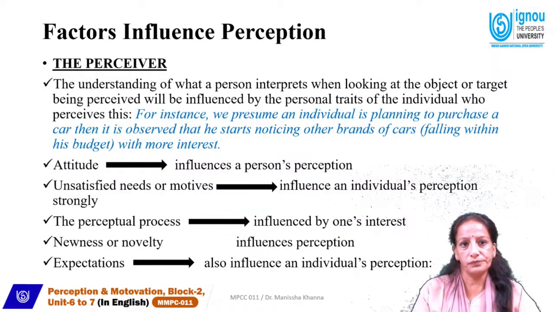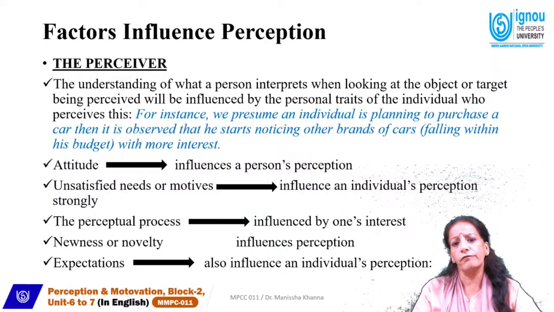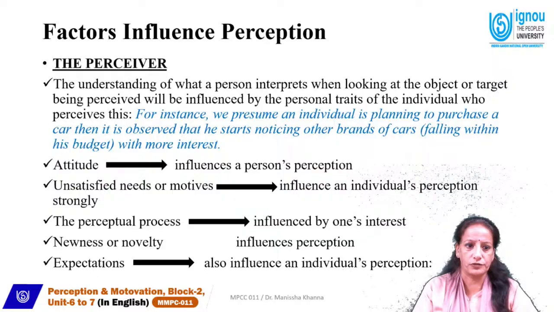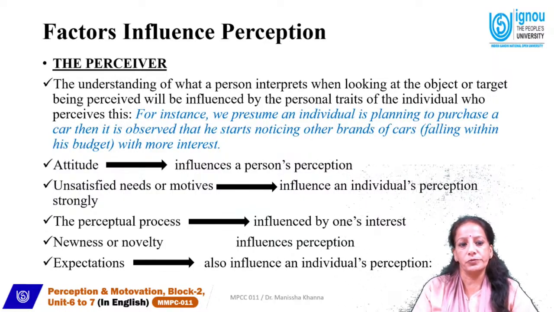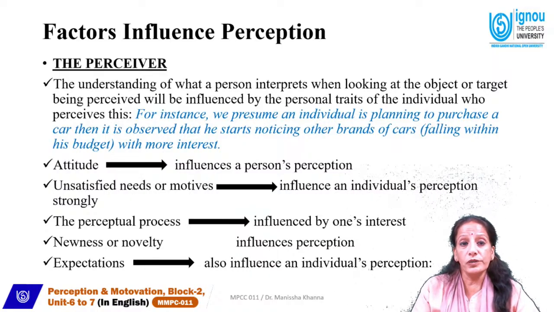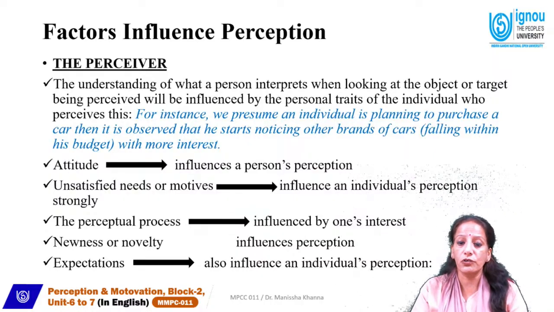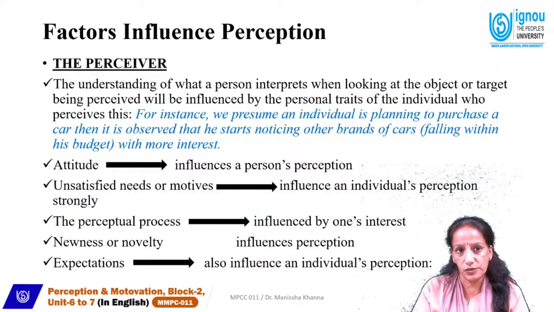Attitude influences a person's perception. Unsatisfied needs or motives influence an individual's perception strongly. The perceptual process is also influenced by one's interest. Newness and novelty influence perception, and expectation also influences the individual's perception.